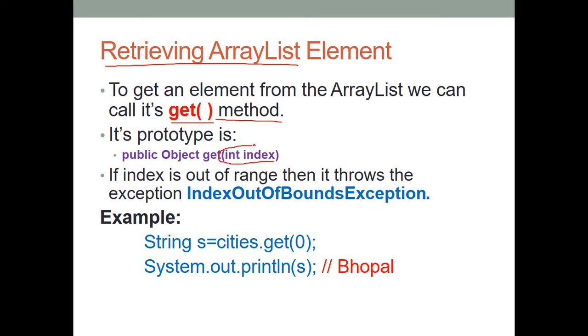You just pass the index 0, 1, 2, 3, 4, anything, and it will return the object available there. If the index is out of range, it throws an IndexOutOfBoundsException. If you access an index that is not available, it gives an IndexOutOfBoundsException. Example: String s = city.get(0). If you say System.out.println(s), s has Bhopal stored, so Bhopal is printed.